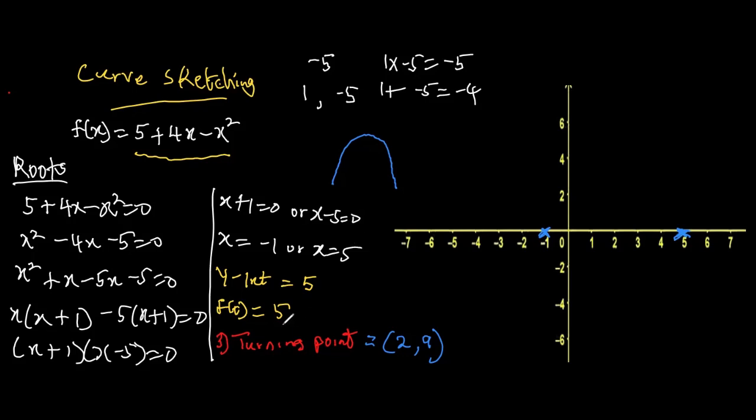Then if you look at the intercept, it happens when y is 5 and x is 0. So it's going to be between 4 and 6 around here. It's going to cut. And then the turning point is when x is 2 and y is 9. So we're going to have it up above here. So if we join all this together, we'll be able to sketch the curve.